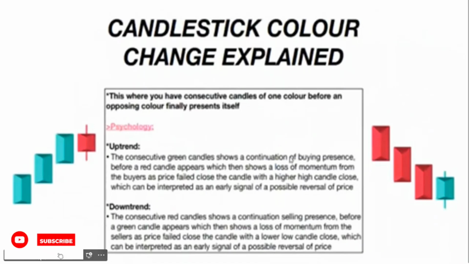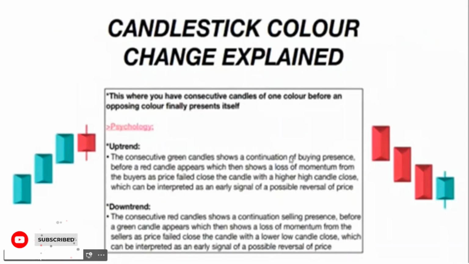The consecutive green candles show a continuation of a buying presence before a red candle appeared, which then shows a loss of momentum from the buyers as price fell close to candle with a higher high candle close, which can be interpreted as an early signal of a potential reversal of price.